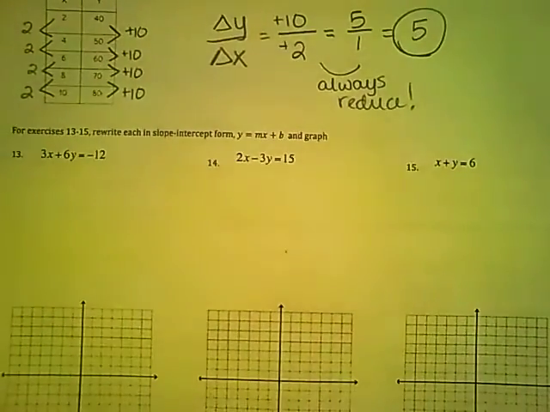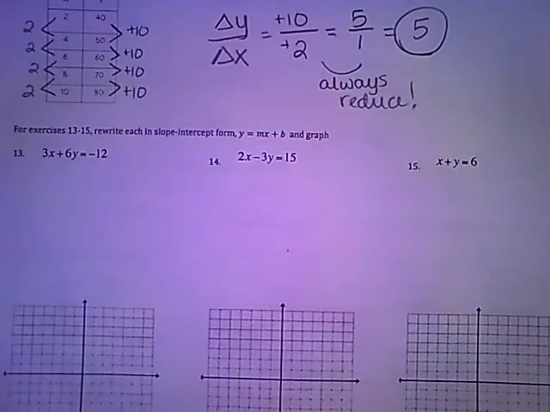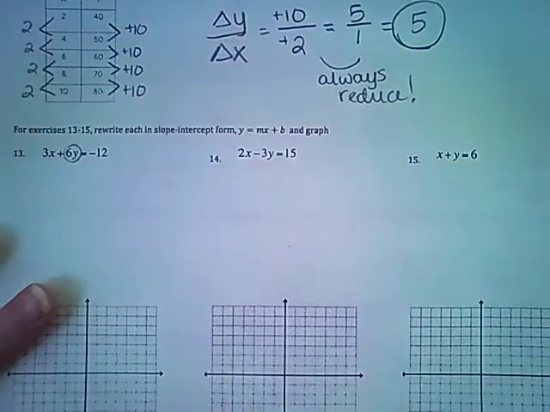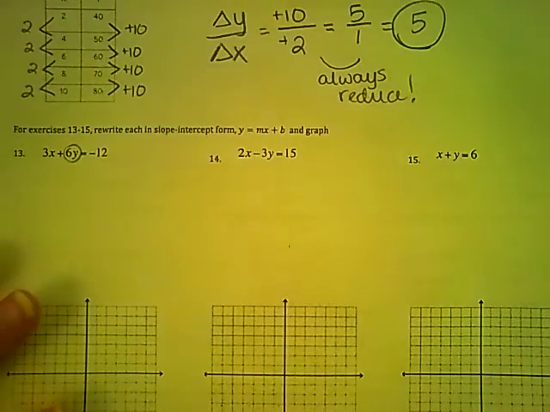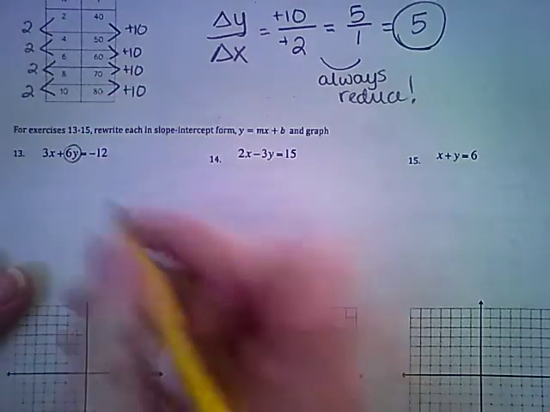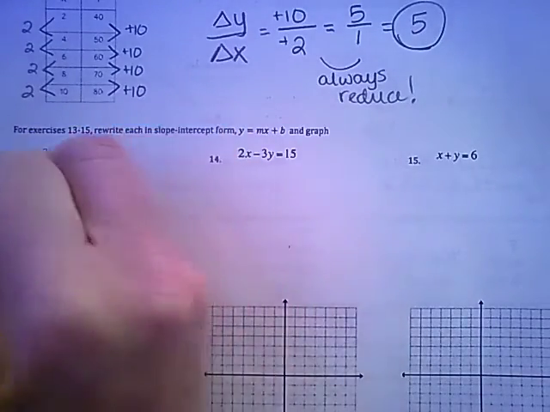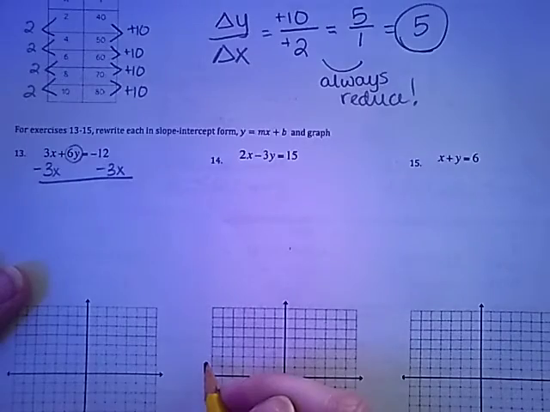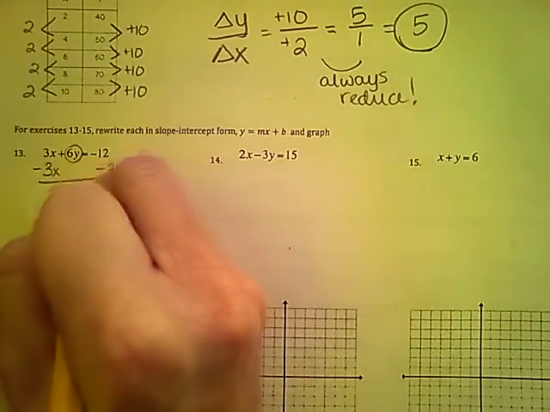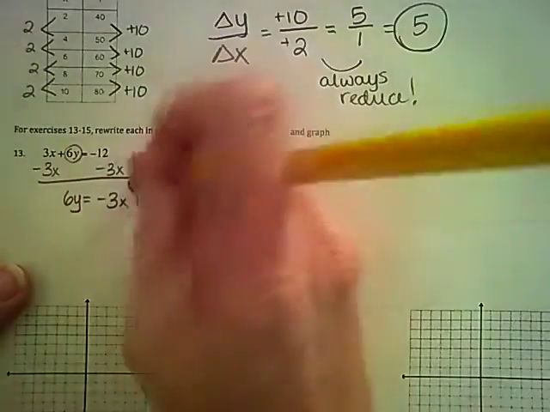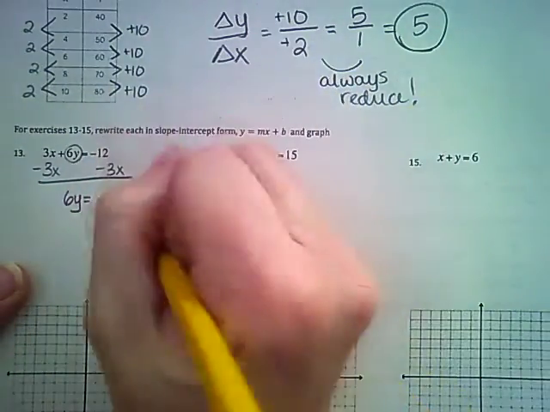Next, 13 through 15, rewrite each in slope-intercept form, which is y equals mx plus b, and then graph. So I'm going to circle 6y, because that's what I want to get by itself. You want to isolate the y. Minus 3x, minus 3x. So I get 6y equals negative 3x, minus 12.